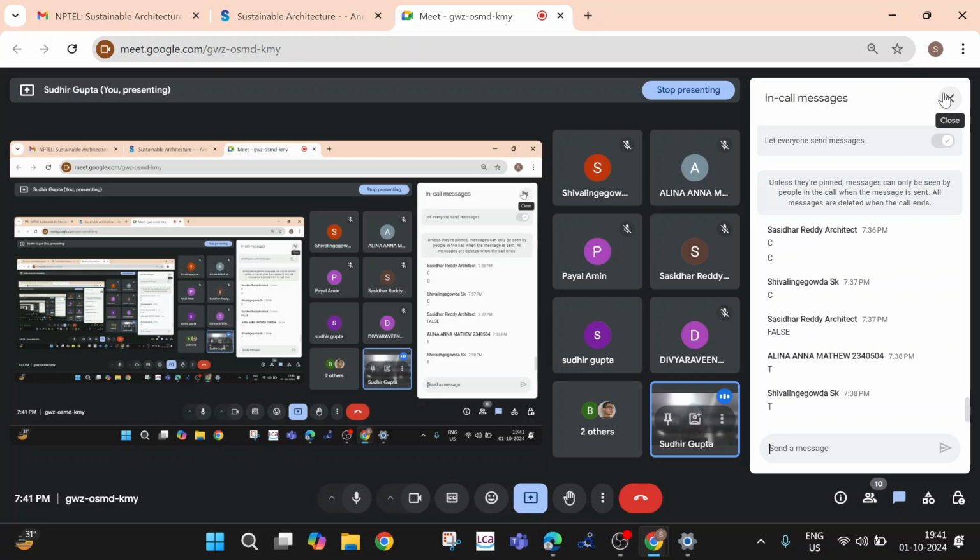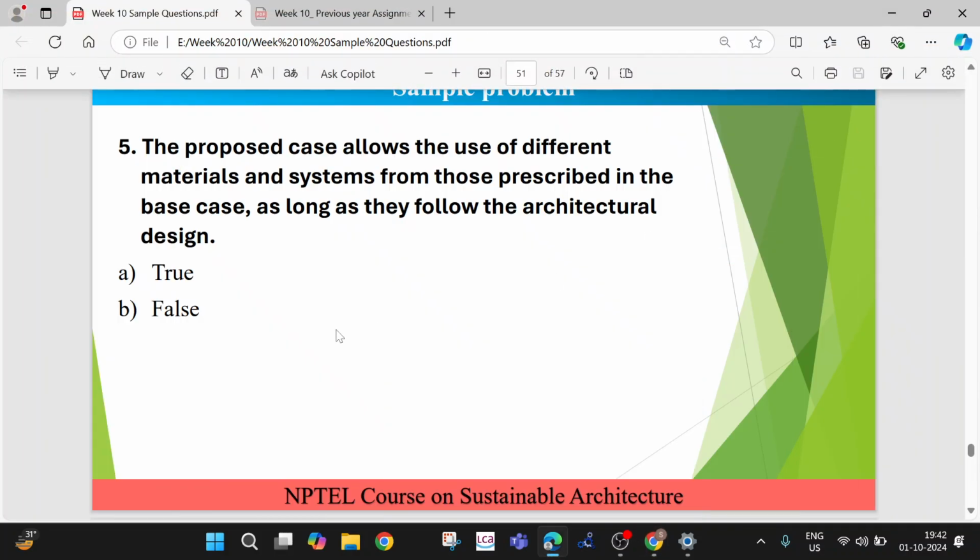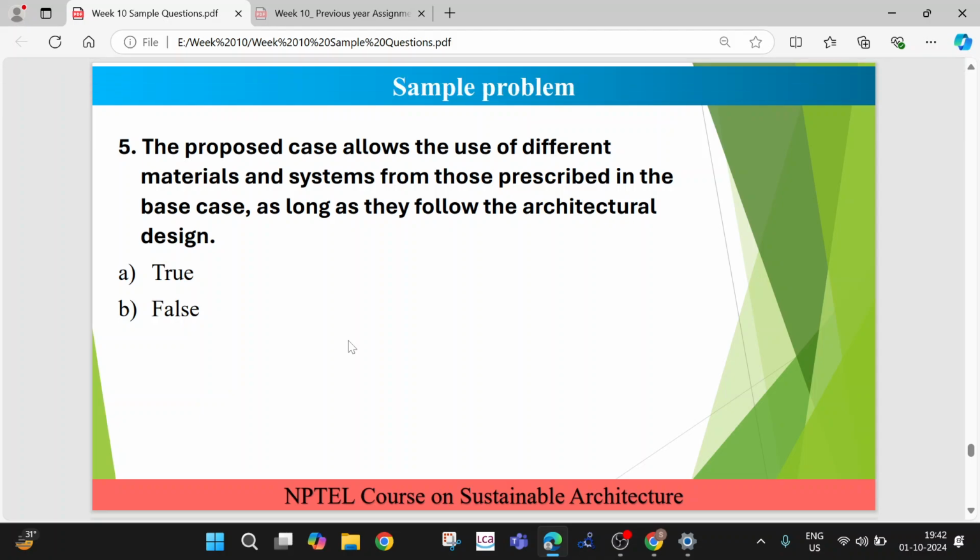So I would request Elena or Siviling, any of you, to explain why it is true. Baseline case is just a standard that they give. So when we are doing a building project, whatever way we want the building, that will be within the baseline case.